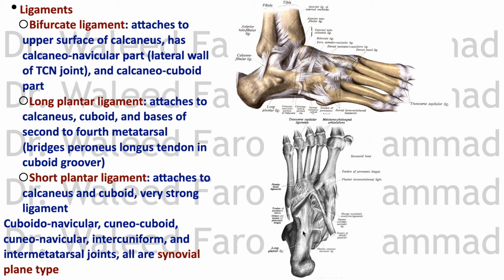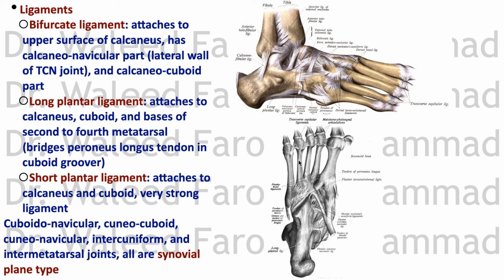It's a tough ligament, and on the lateral side it goes from the calcaneus to the second to fourth metatarsals, as you can see here. Underneath is the short plantar ligament, which attaches to the calcaneus and cuboid. It's a very strong ligament.